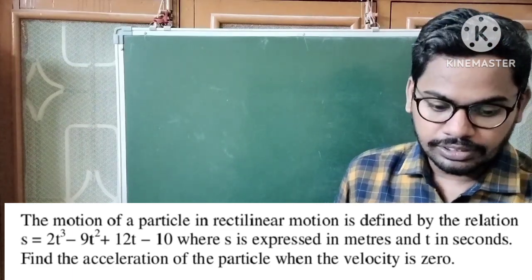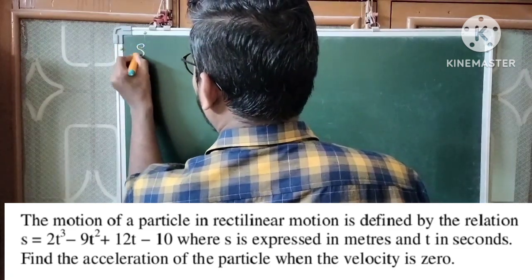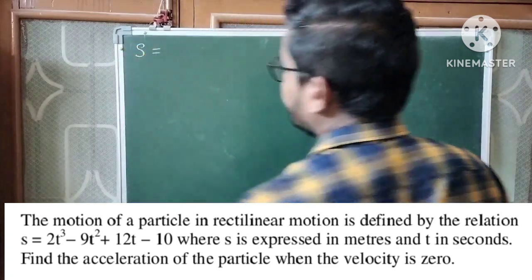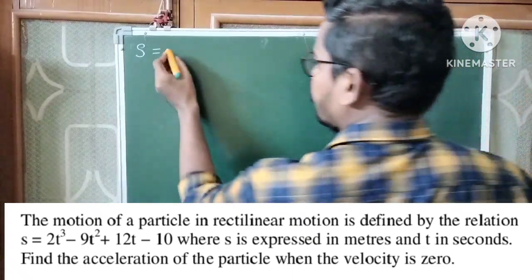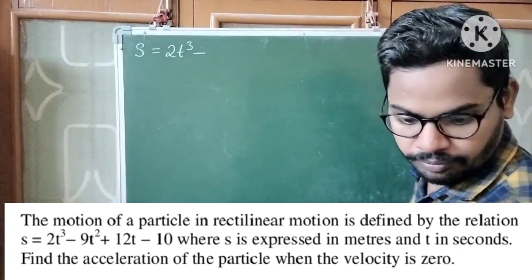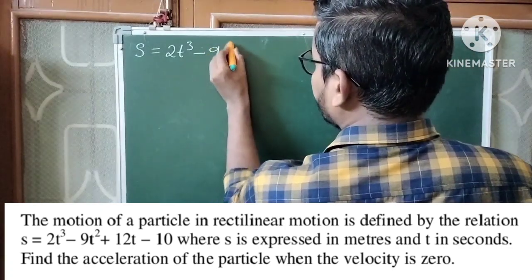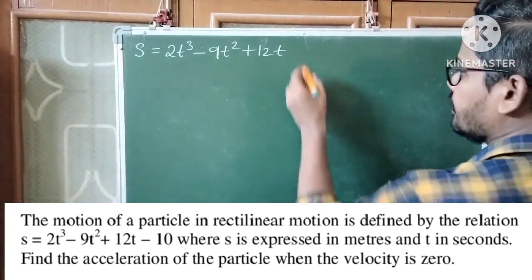Okay. So first of all, let us write the relation. Position of a particle or displacement of a particle in terms of time period. S equals 2t cube minus 9t square plus 12t minus 10.